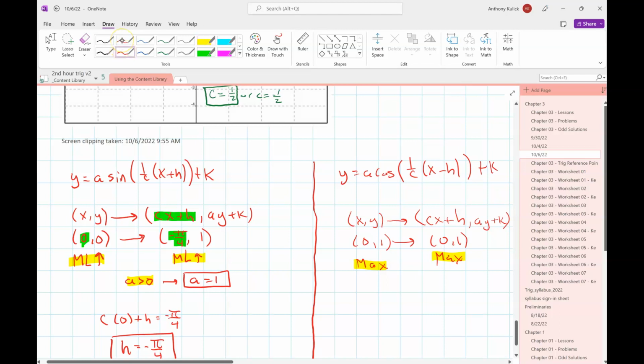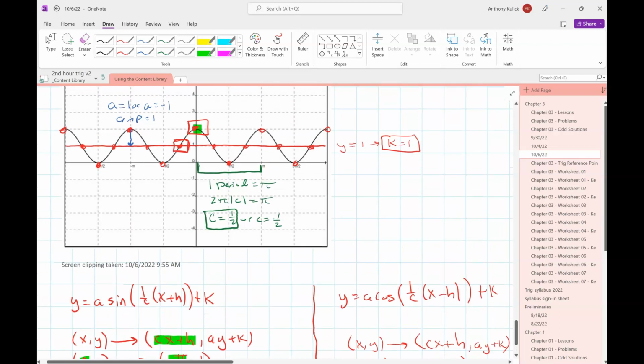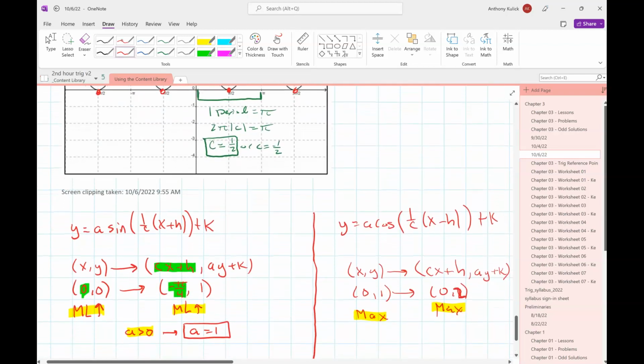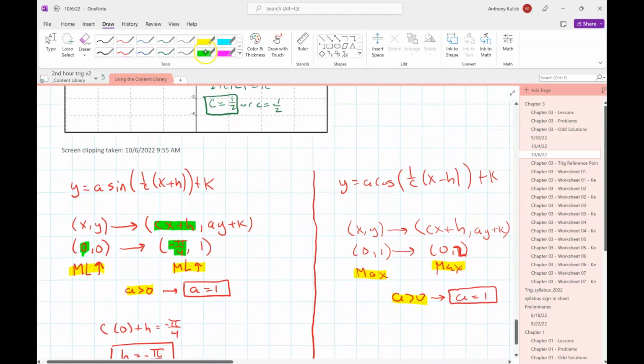So what can I say here? Oh, I'm sorry, that's not 0, 1, that's 0, 2. Mr. Kulik. Yeah, I was going to say 2. That is not right. Since they're both maxima, though, that tells me that the A is positive. And what is the H going to be?